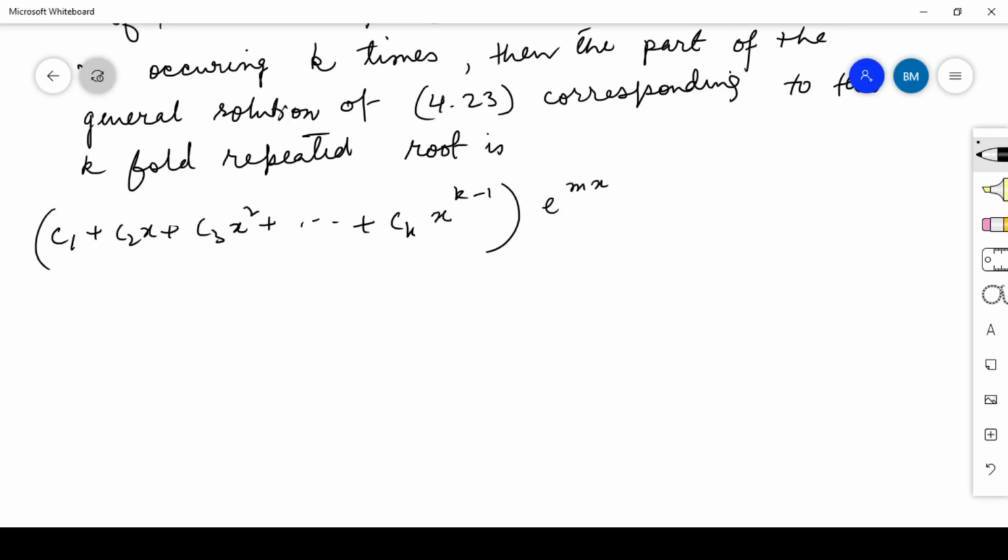So this is the part of general solution corresponding to the k-fold repeated root m.